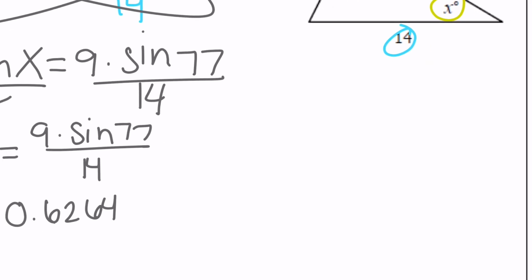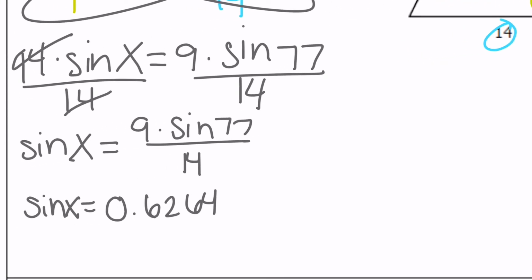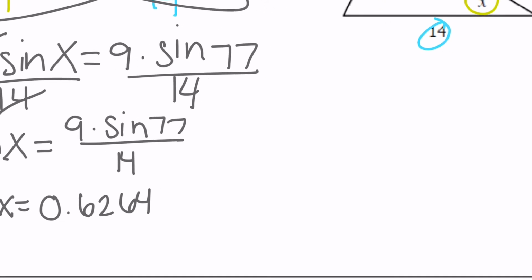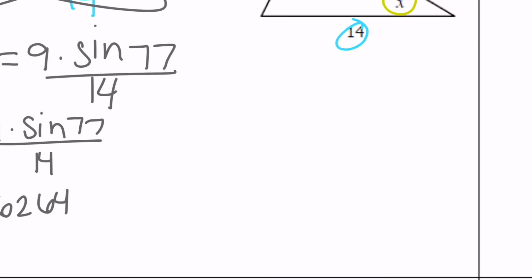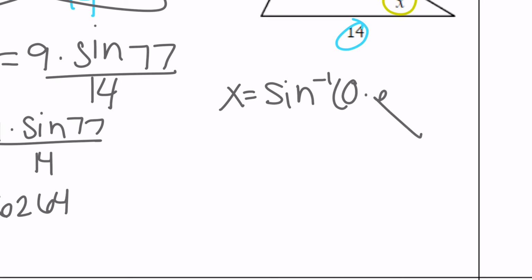Then, remember when I have the sine of some angle x equal to a number, I have to use my inverse sine function to get x all by itself. So I would take sine^-1 of 0.6264, and go from there.